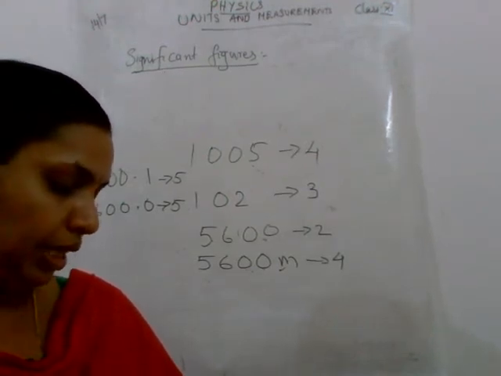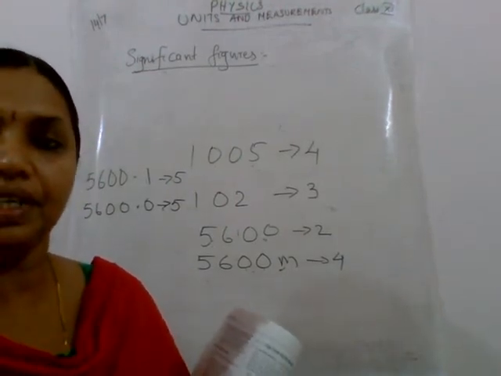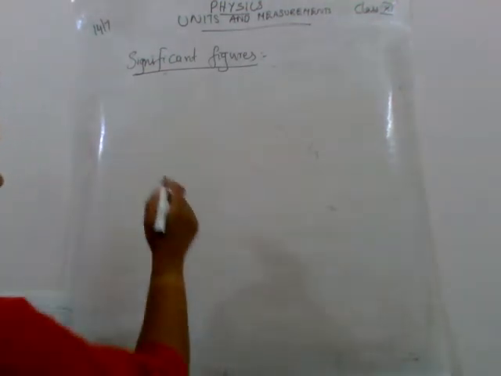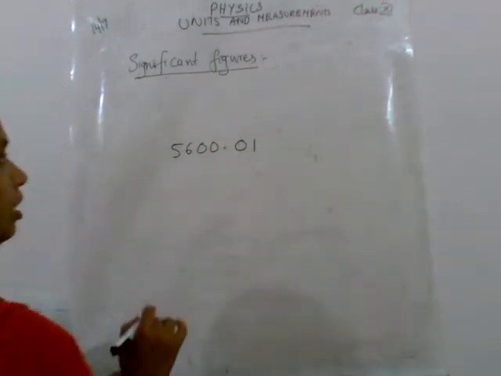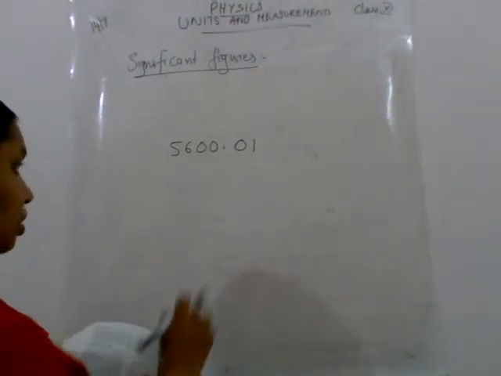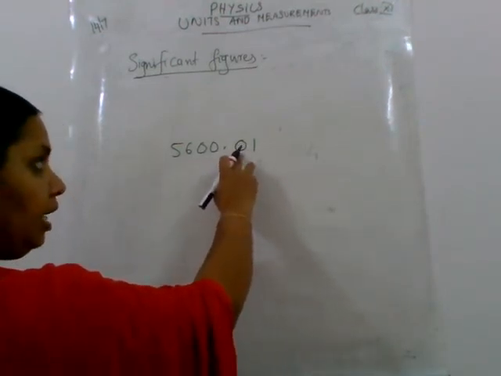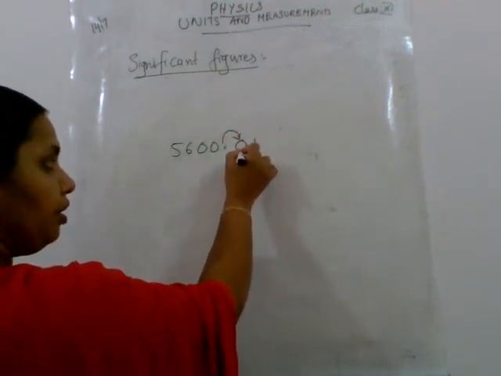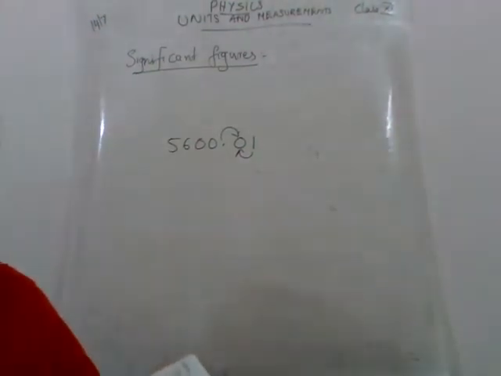Take 5600.01. All zeros right of a decimal point, but left of a non-zero digit, are not considered significant.